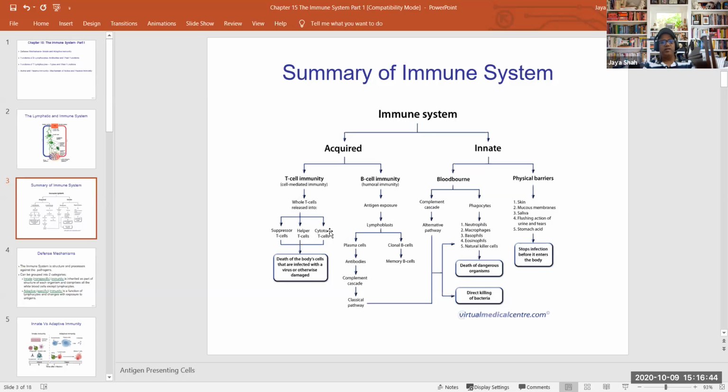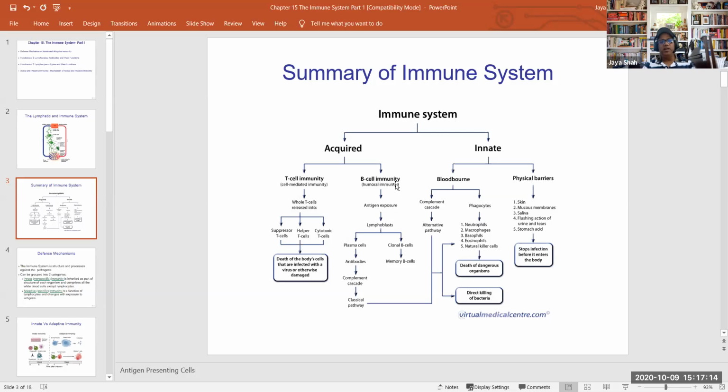Then these cells cause death of the body's cells that are infected with virus or otherwise damaged cells. That means active T cells attack the infected cell directly, attack the cancer cell directly, and attack any abnormal cell in the body directly.